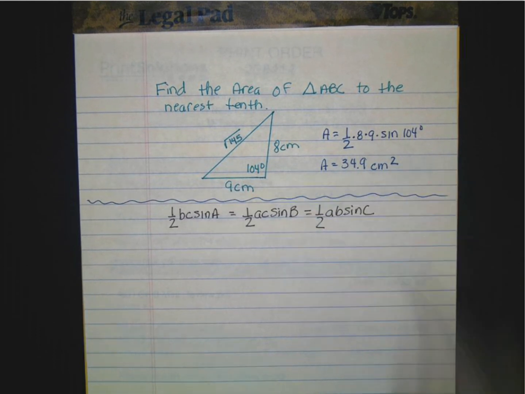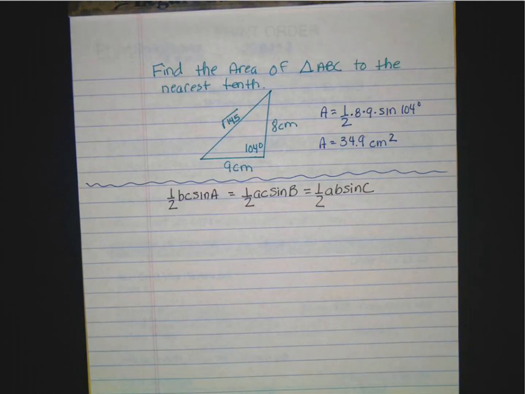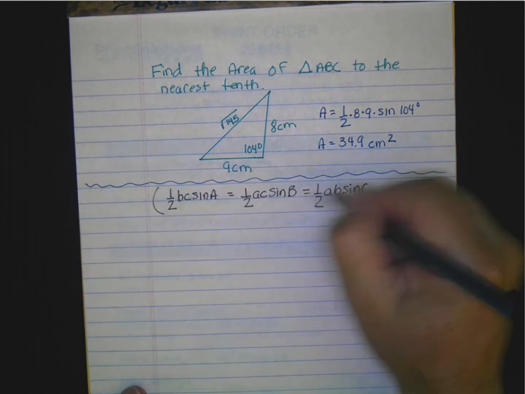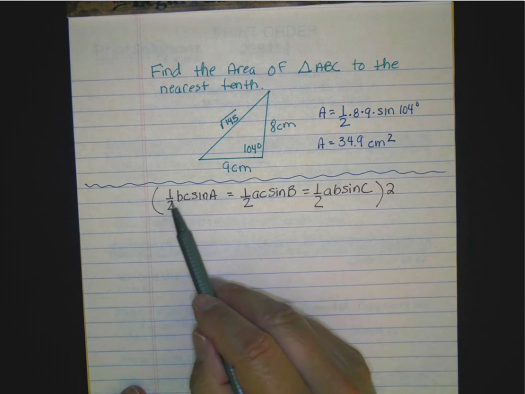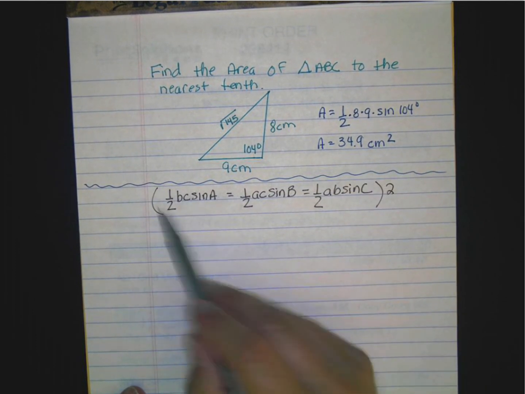So all of those have to be equal on every triangle. The sides, the size, doesn't matter. So now if I were to try to simplify this, first thing I'd do is get rid of my fractions, because I can do that since it's an equation. So I'm going to multiply everything by 2. Now, you don't multiply this and this by 2 because that's one term.